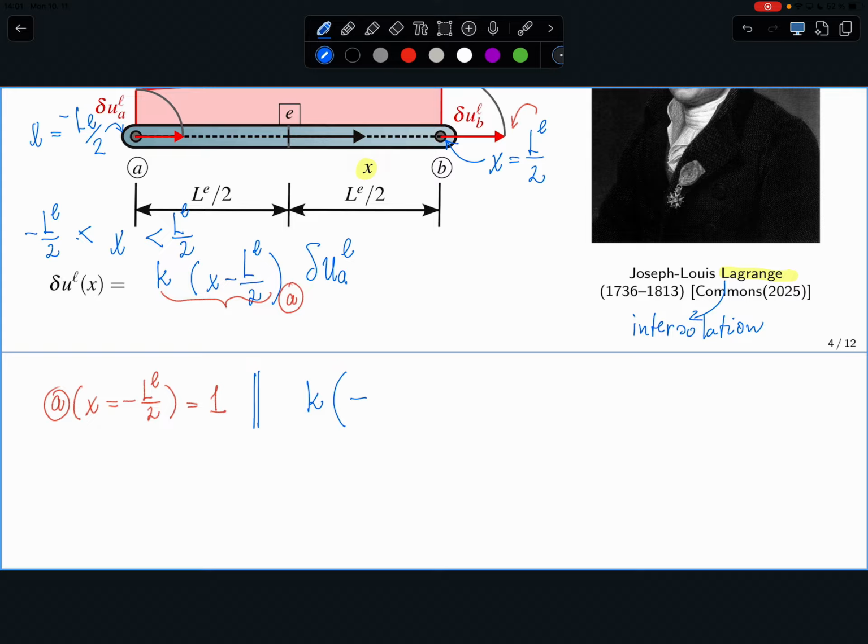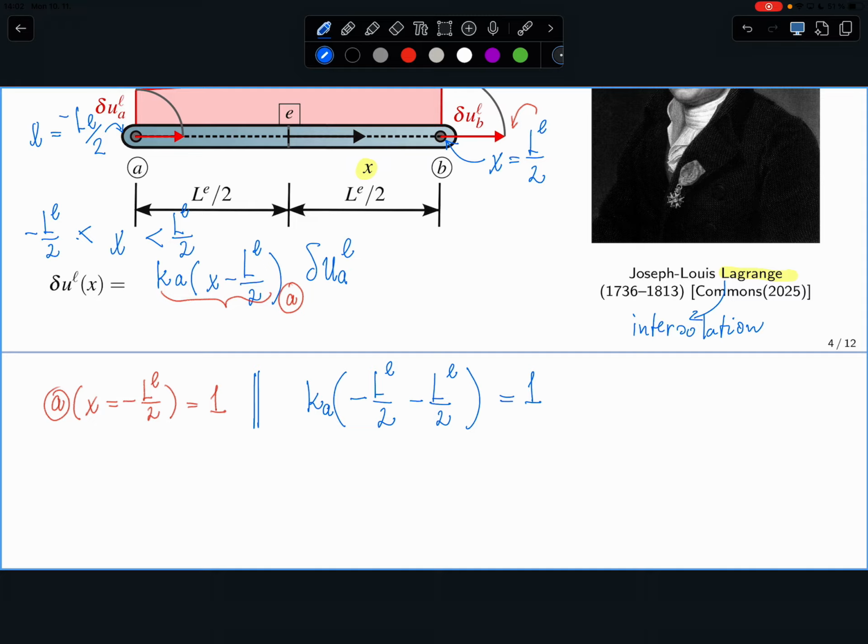Now instead of k, I can write minus LE over 2 minus, my bad, LE over 2, and this is something which must be equal to 1. Okay? And just for aesthetics, my bad, I will say that this is Ka, and this K is perhaps not the most intelligent expression.